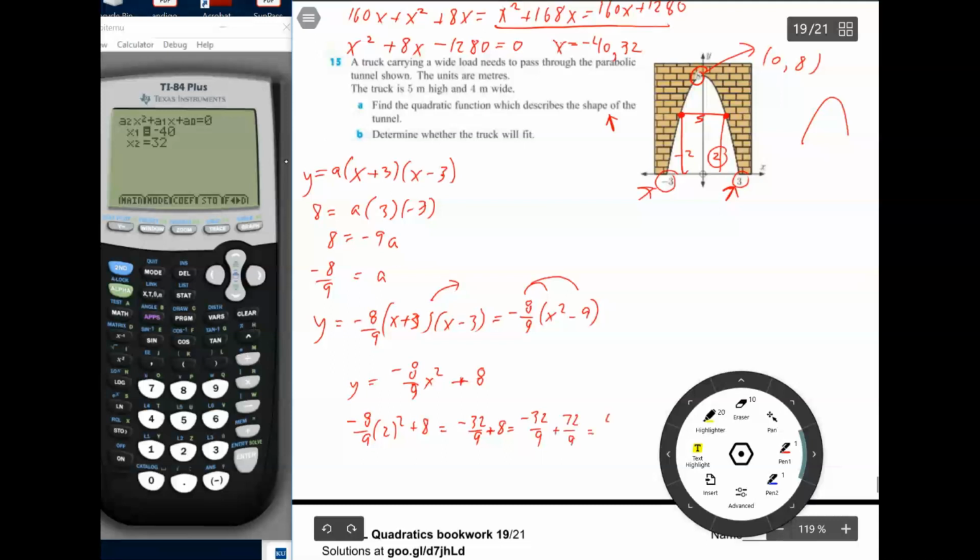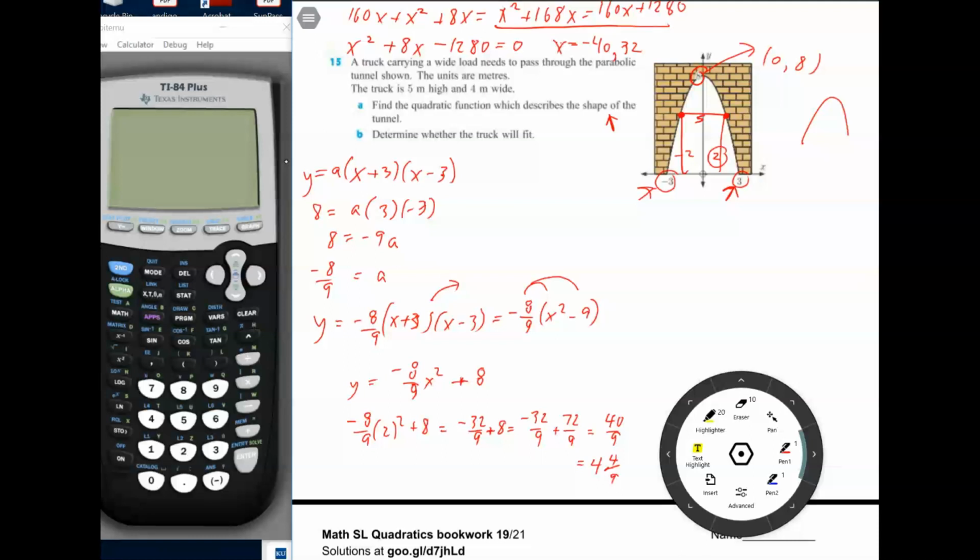So that's equal to 40/9, which is equal to 4 and 4/9. Okay, how did I find that? I divided 40 by 9, and if it was 36, it would be exactly 4. And there's 4 parts left over, so it's 4/9, okay?